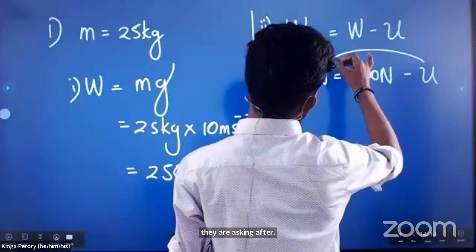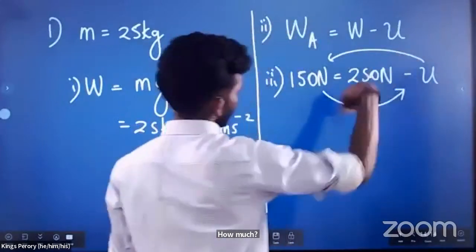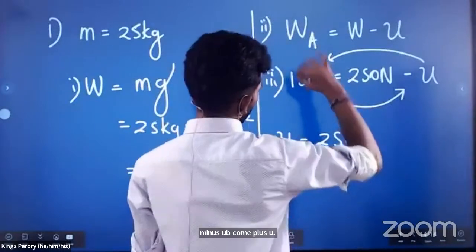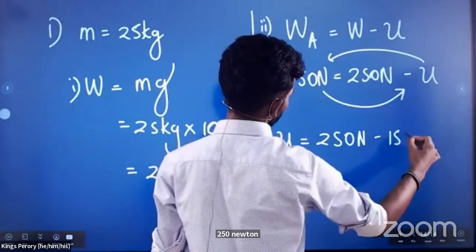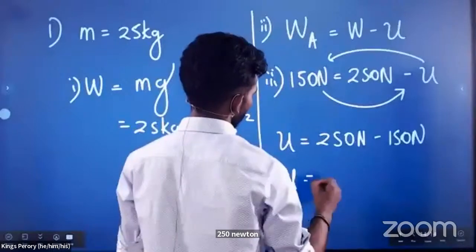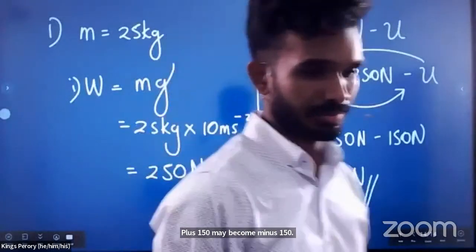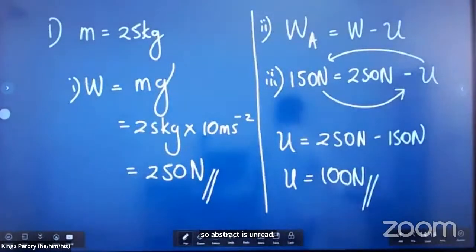Take this to the other side. Minus U becomes plus U. 250 Newton plus 150 becomes minus 150. So upthrust is 100. Got this?